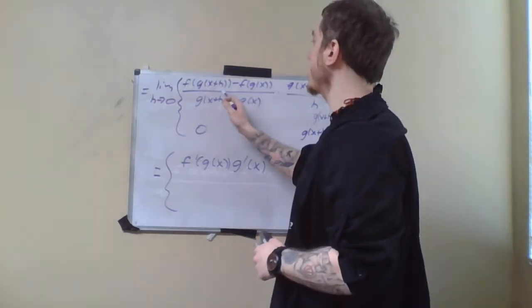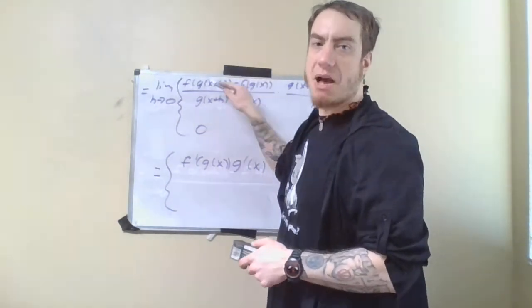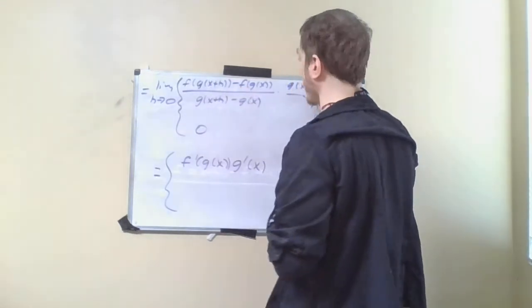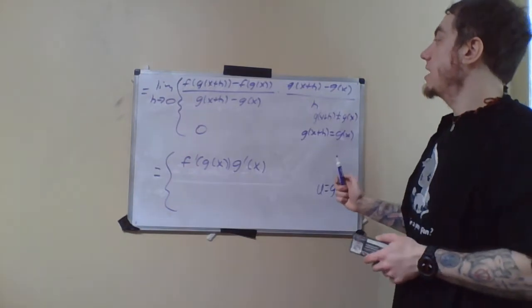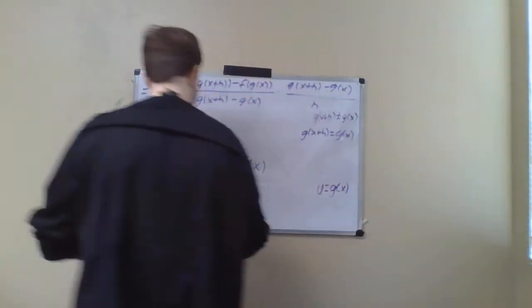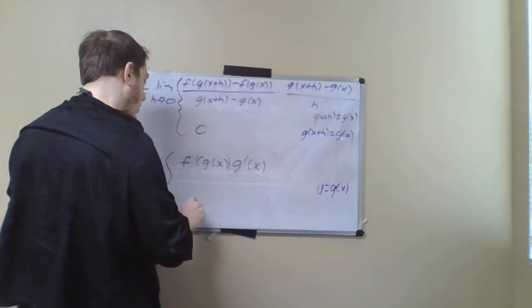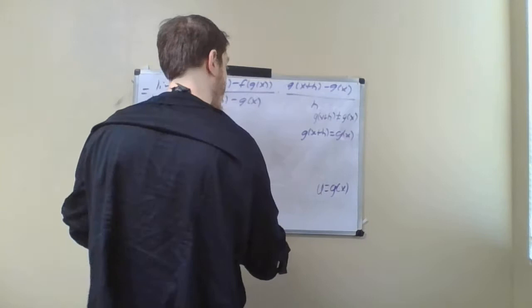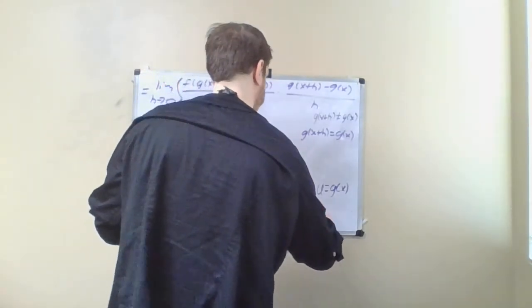And this expression here is bounded. So we have something that is bounded times something that is 0. And in that case, that limit is going to be 0. So this is going to either come out to be f prime of g of x times g prime of x, or it's going to be 0 and g prime of x is equal to 0.